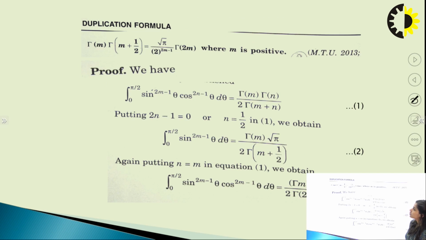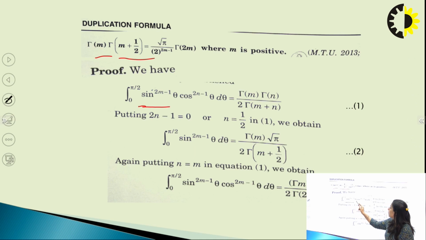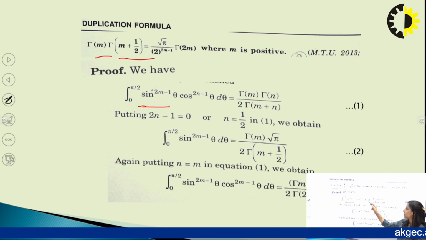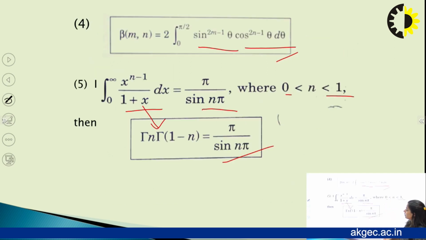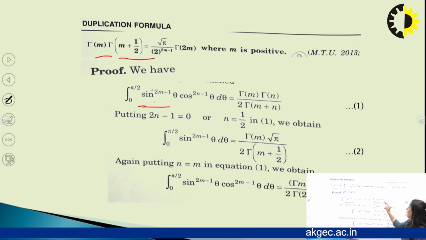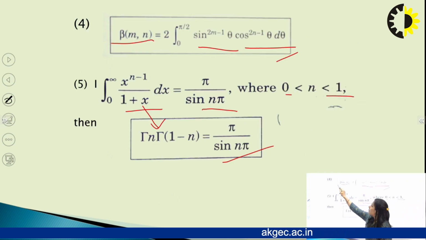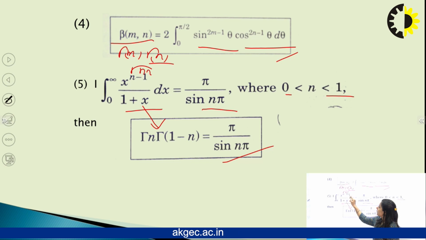Now the duplication formula. The duplication formula is important: gamma m into gamma m plus 1 by 2 is equal to under root pi upon 2 power 2m minus 1 into gamma 2m, where m is positive. Now to prove this duplication formula, we already know that integration 0 to pi by 2 sin power 2m minus 1 theta cos power 2n minus 1 theta d theta is equal to gamma m gamma n upon 2 gamma m plus n, because beta m n is equal to gamma m gamma n upon gamma m plus n.